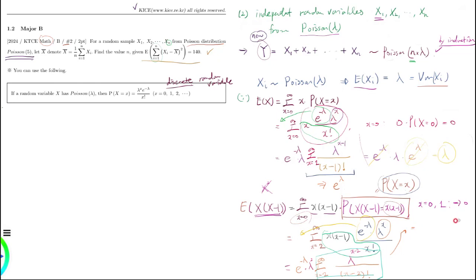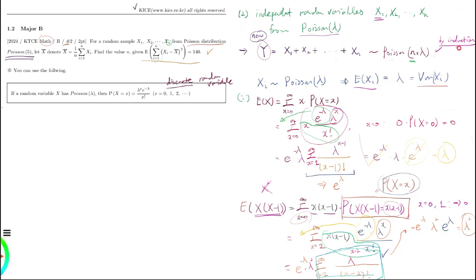Its sum is also e to the lambda. If you compute this sky blue rectangle part here, what we had is e to the negative lambda times lambda square, which is lambda square.